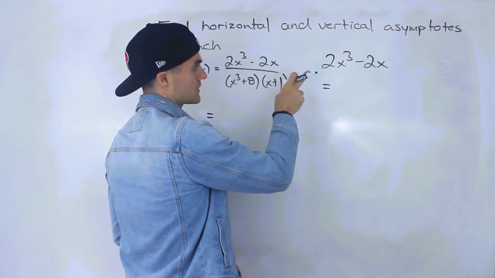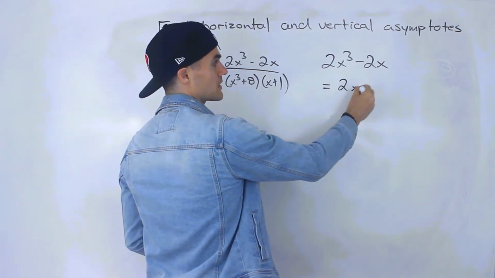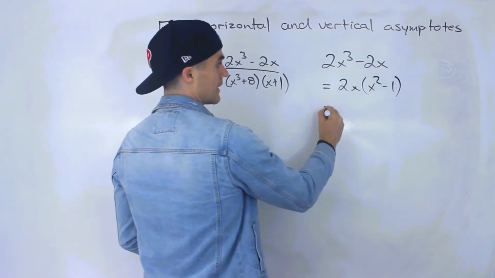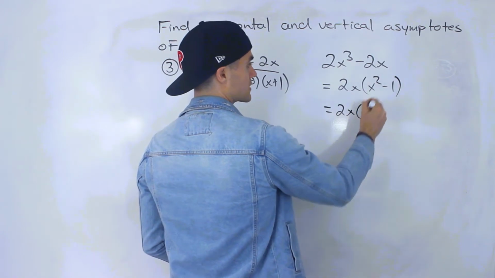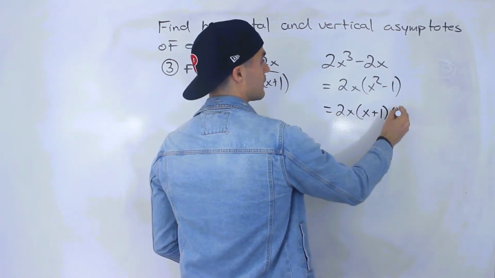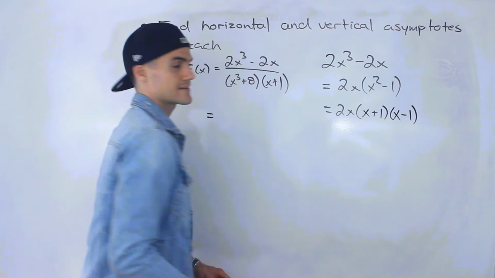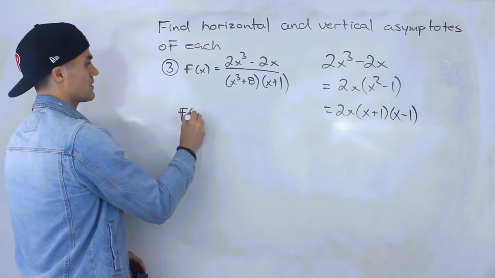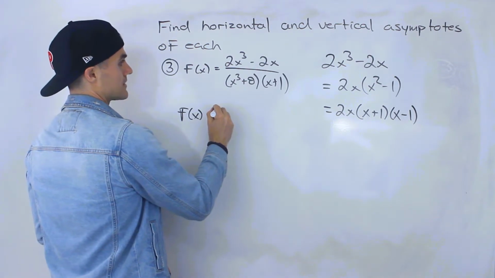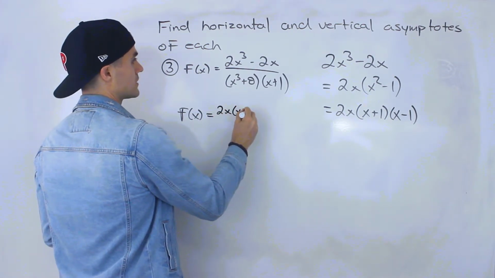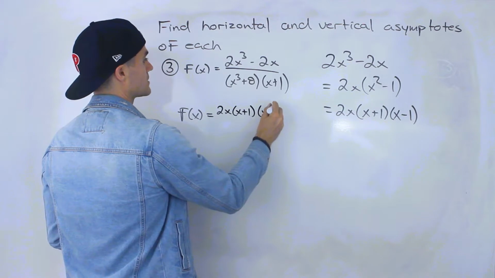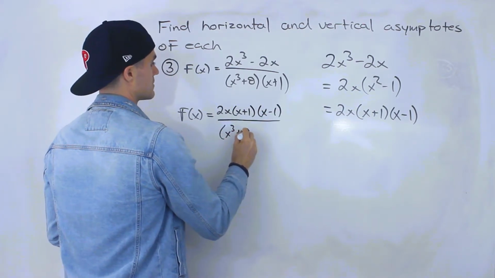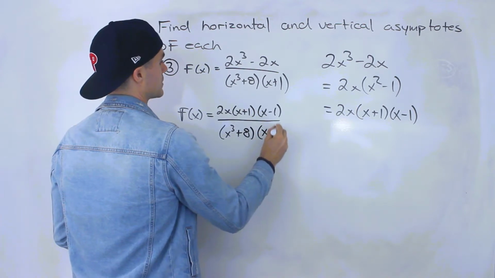entire function. So 2x cubed minus 2x, notice we could take out a 2x. We'd have x squared minus 1 left. And then notice x squared minus 1, that factors into x plus 1, x minus 1. That's a difference of squares. So we could rewrite this function here as 2x, x plus 1 times x minus 1 all over x to the power 3 plus 8 all over x plus 1.